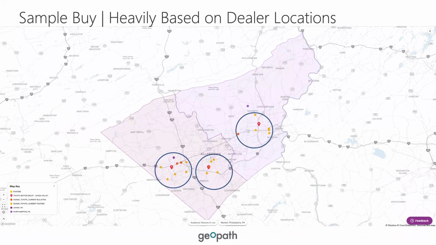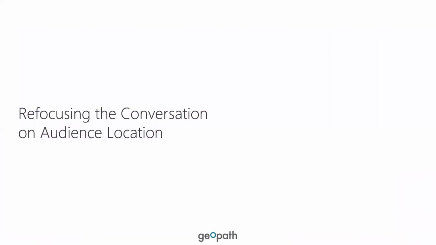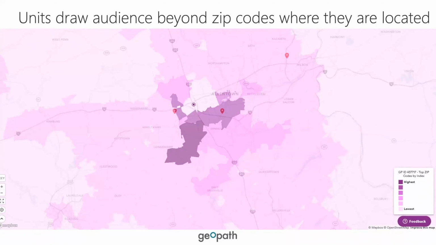And you can see, even if these are clustered closely to the dealerships and on purpose, even still, if you dig into any one unit, you can start to see that it's drawing audience from a lot of different zip codes around the area. So it's not just reaching zip codes that would be going to one dealership. It's reaching zip codes that go to multiple dealerships. Sorry, I just wanted to help add that in as well.